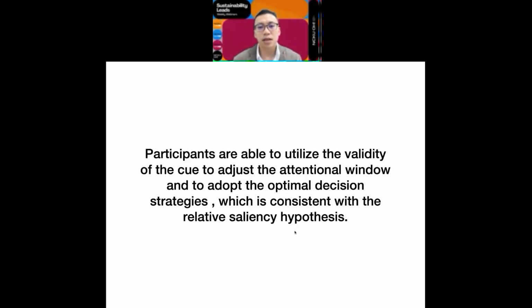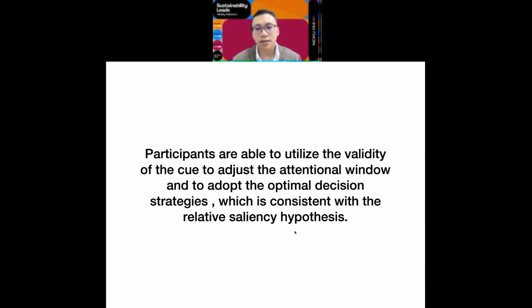But if the cue is informative, which means the cue can 100% predict the target location, then participants will just follow the cue to detect targets.